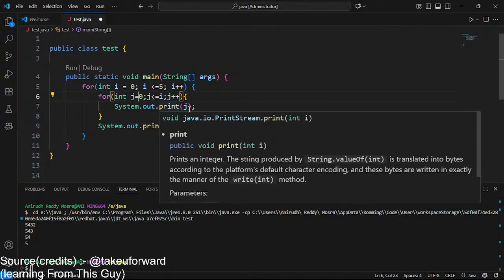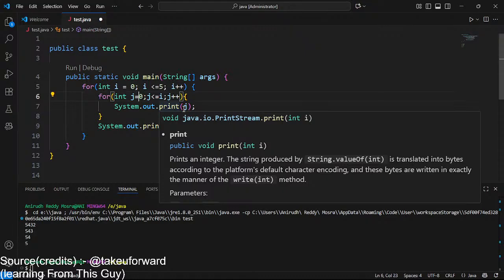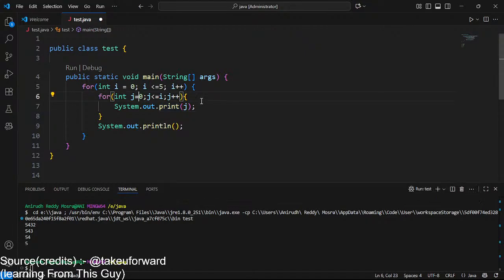Zero plus 1 by 1 when it becomes 1. 1 is less than 5. Yes. 0, 1 equals 2. Next 3. Next 4. Next 5. But we need to start with 1.